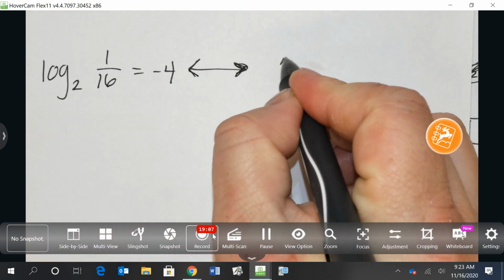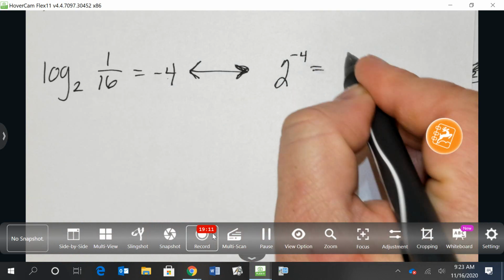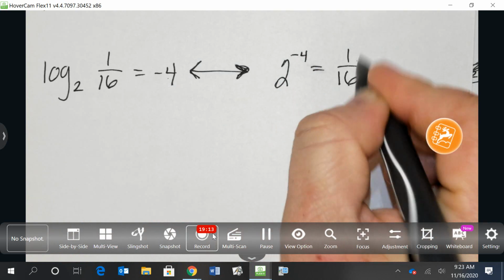Two remains the base, it's just larger. The exponent's always on the opposite, and the answer is 1 over 16.